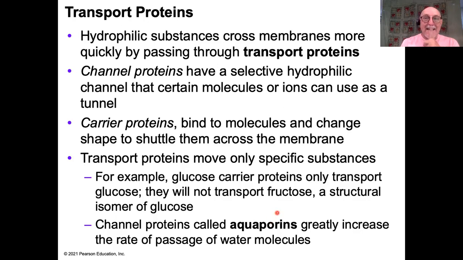The one set of channel proteins, however, that we're going to pay particular attention to are called the aquaporins. The name tells you what they do. They transport water. They allow water to move freely across the membrane. And these are channel proteins, very specific for the water molecule itself. And they are the principal way in which water will move across.